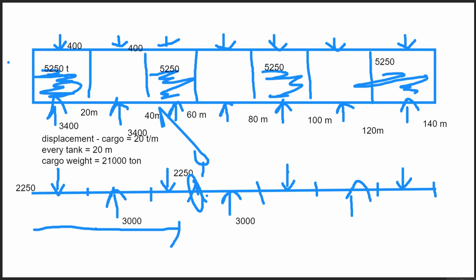So you have to do, I will put downwards as negative, 2,250 plus 3,000, the next force you encounter. Minus, again, 2,250. And that equals, indeed, minus 1,500 ton. That's your shear force at 60 meters.